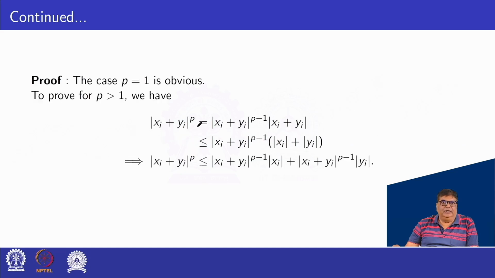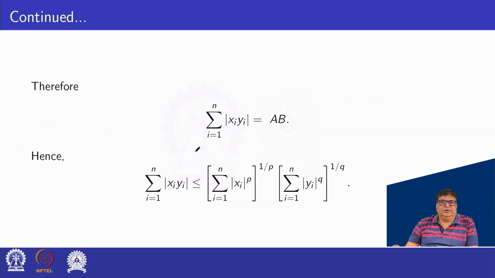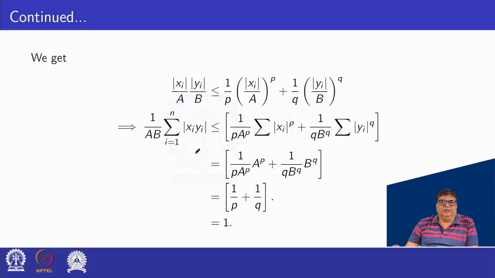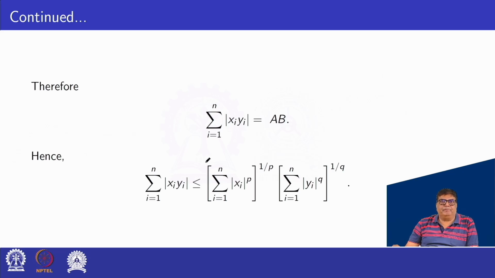We have discussed it just above. Holder's inequality says that the summation of |xi yi|, i = 1 to n, is less or equal to this quantity.